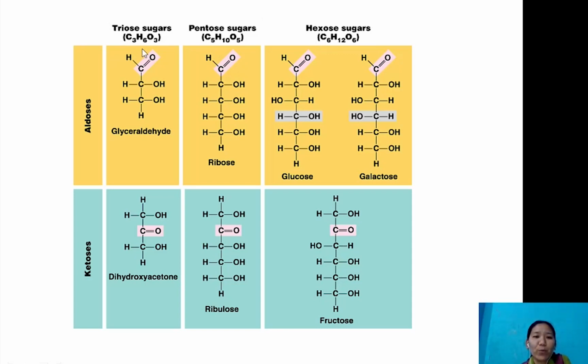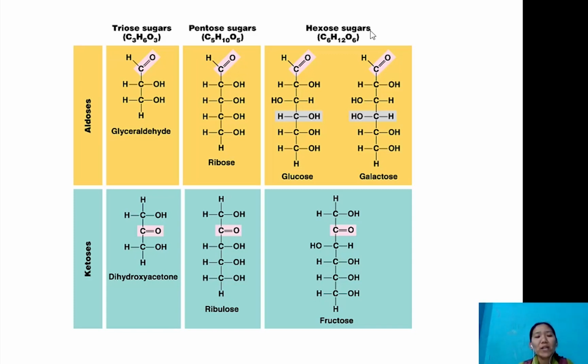Here 1, 2, 3, this is a triose sugar. Here 1, 2, 3, 4, 5, this is a pentose sugar. And 1, 2, 3, 4, 5, 6, there are 6 carbons, so it is a hexose sugar. So this is how the monosaccharides are classified based on number of carbon.